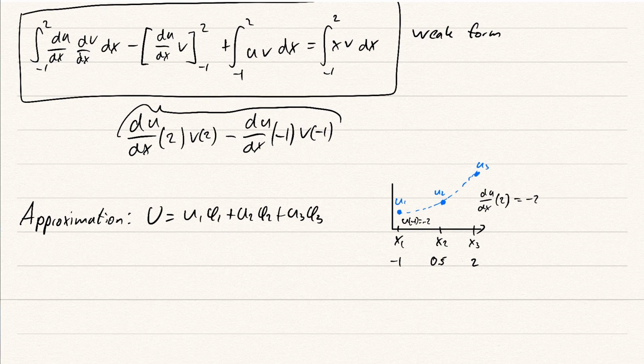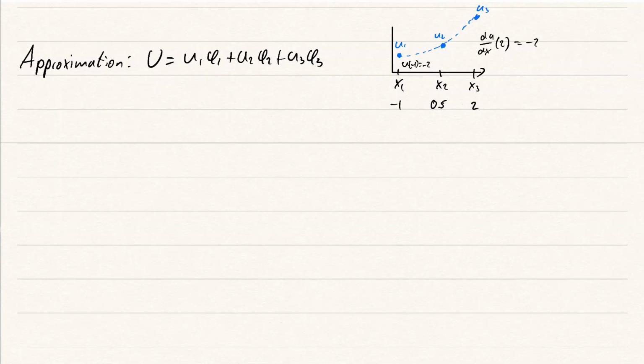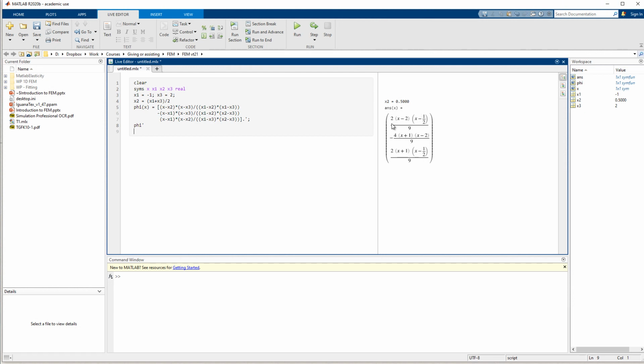We are starting negative on this side, and then it is going to have a negative slope at x equal to 2. What about basis functions? What are phi1, phi2, and phi3 for this particular region? I'm going to show you in the next lecture how you derive basis functions for any region. For now I'm just going to throw this at you, as I've already computed them in Matlab.